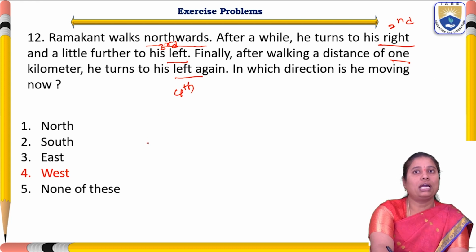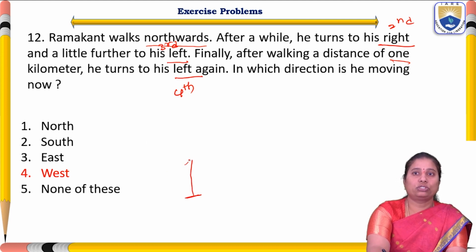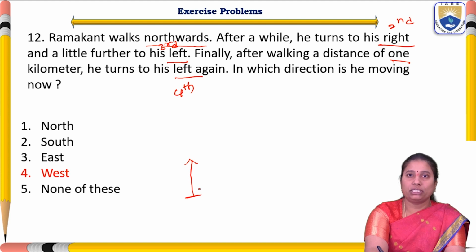First of all, Ramakant walks in the northwards direction from the starting point. After some period, though they have not given any distance, he turns to his right. So now he is in the east direction.